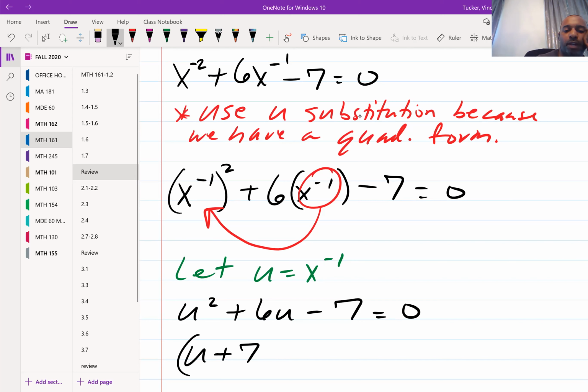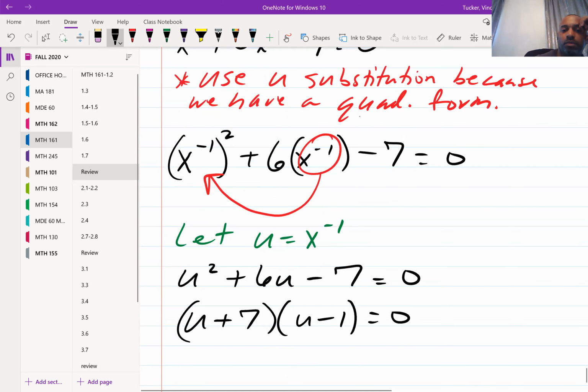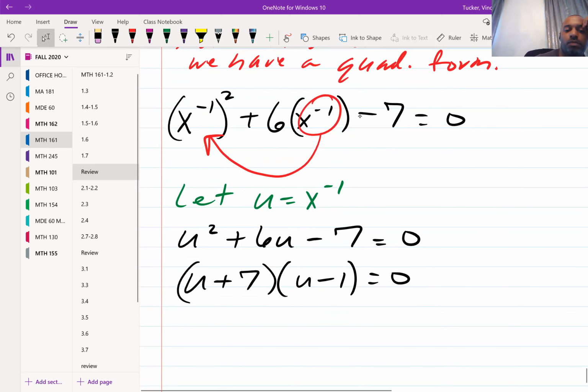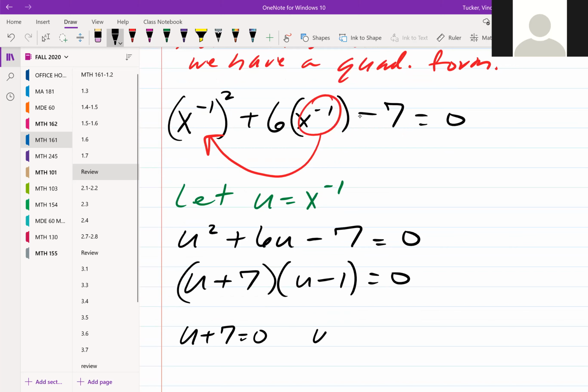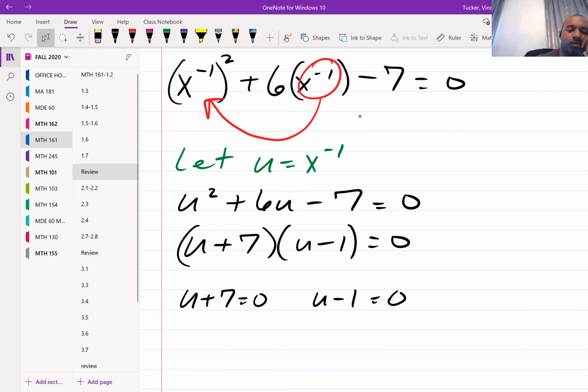So I will factor this to u plus 7, u minus 1. Set each piece equal to 0. So solving for u, u is equal to -7, and then u is equal to +1.